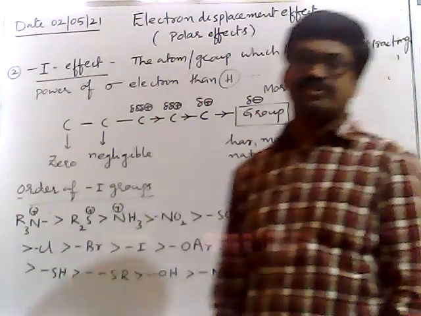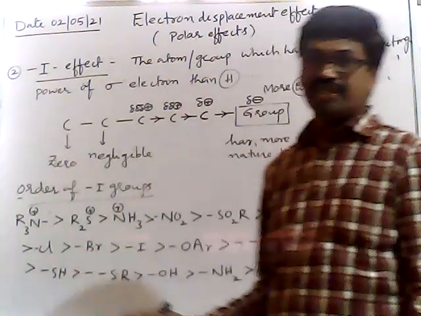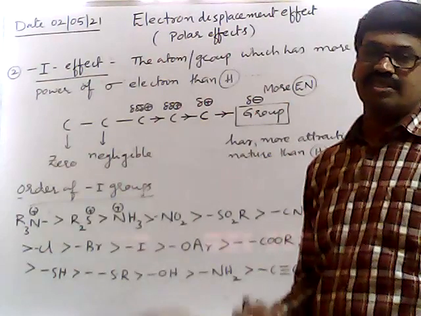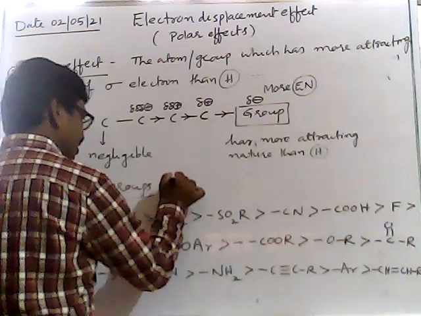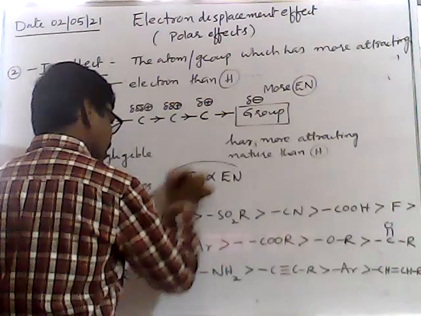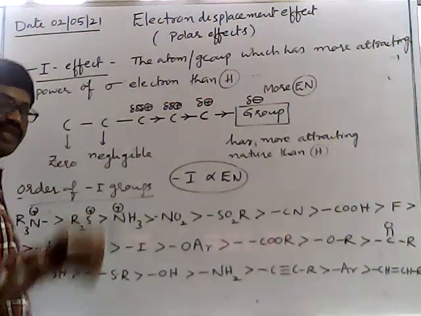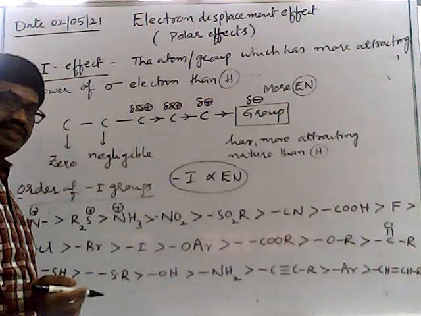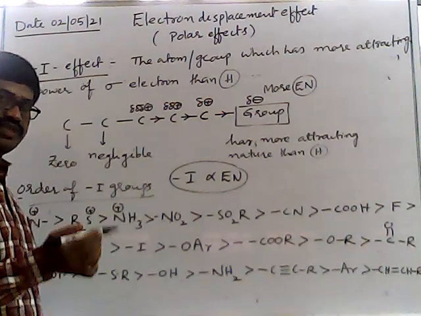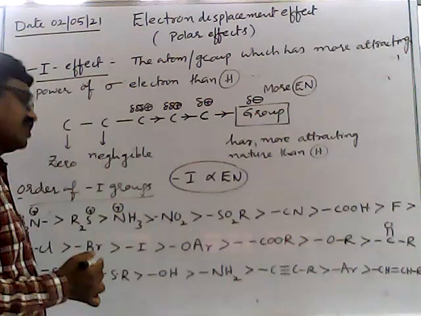Otherwise, among the given, which has more minus I nature and which has less. This minus I nature is directly proportional to electronegativity only. More electronegative atoms generally show more minus I nature. Less electronegative atoms show less minus I nature.